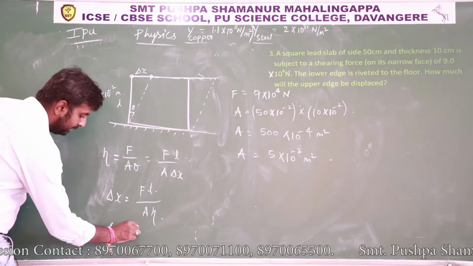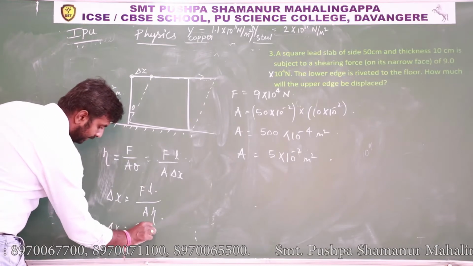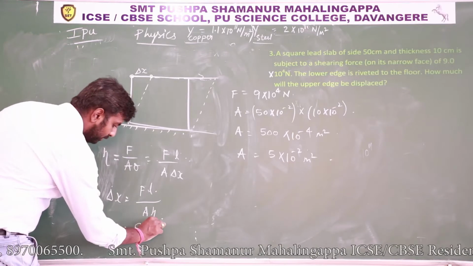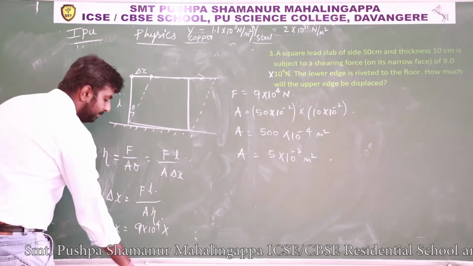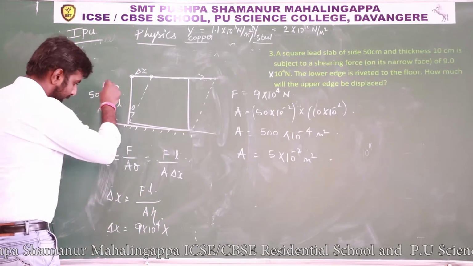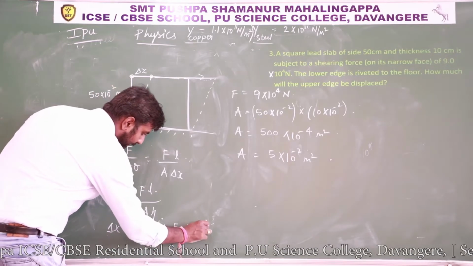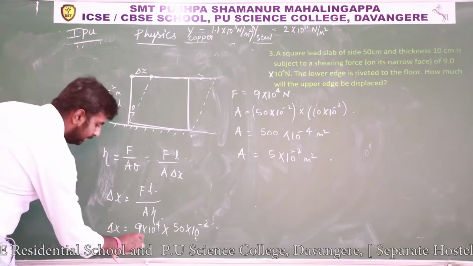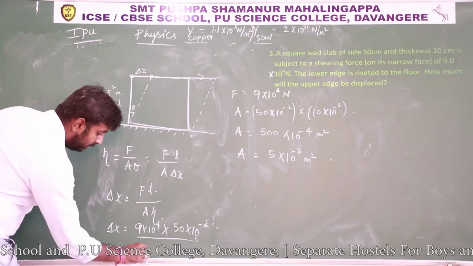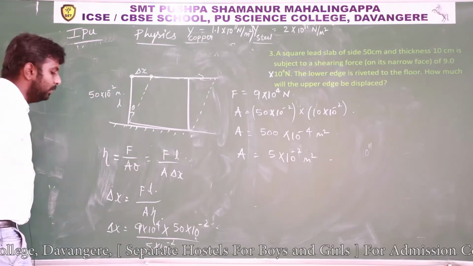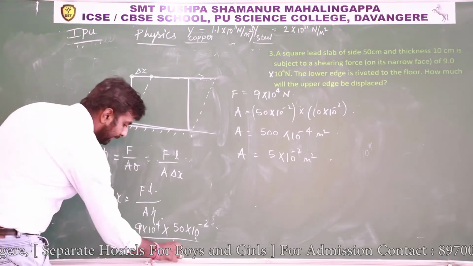So F is 9 into 10 to the power 4, and L, the length, is 50 into 10 to the power minus 2, divided by area 5 into 10 to the power minus 2 multiplied by eta.